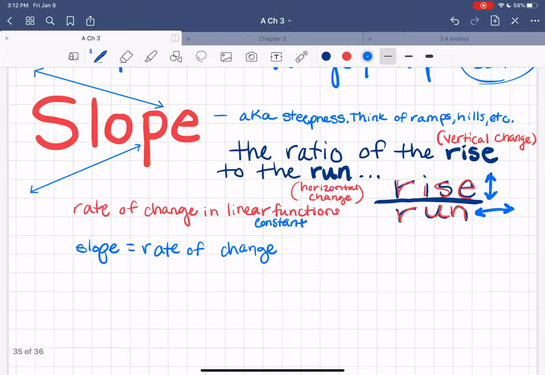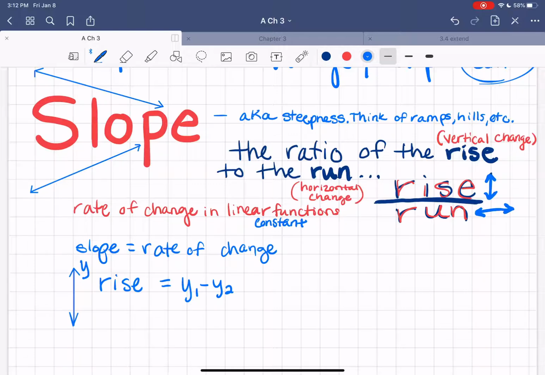What you might recognize from that is when you're talking about rise, up and down, that's what the y-axis is. So when you're talking about rise, you are literally talking about the difference in your y's.